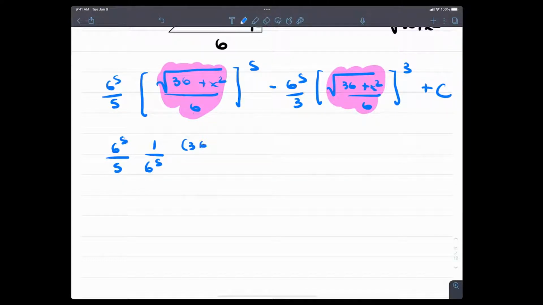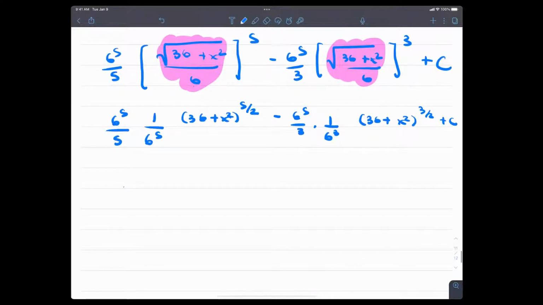So we say 36 plus x squared, and that's 5/2, right? Because this is the power of 5 and then the 1/2. Okay. Minus 6 to the 5th over 3, 1 over 6 cubed, 36 plus x squared to the 3/2 plus c. So you can see a cancellation here.